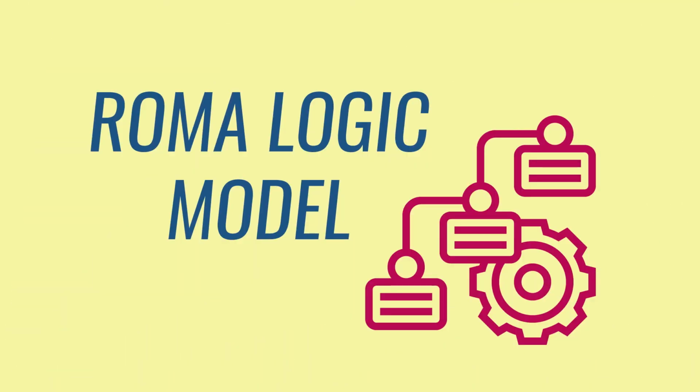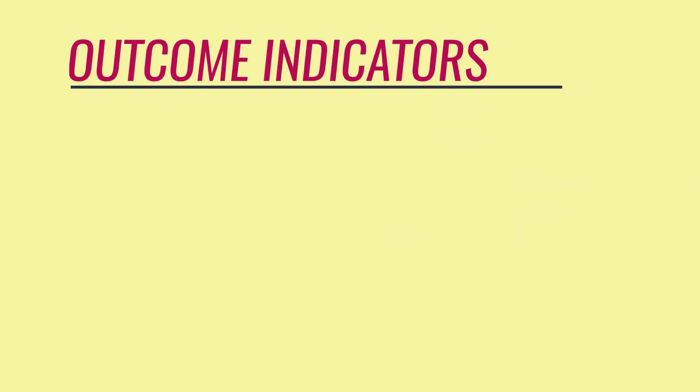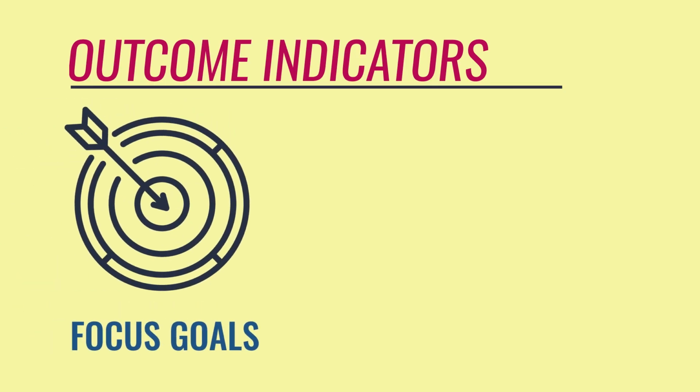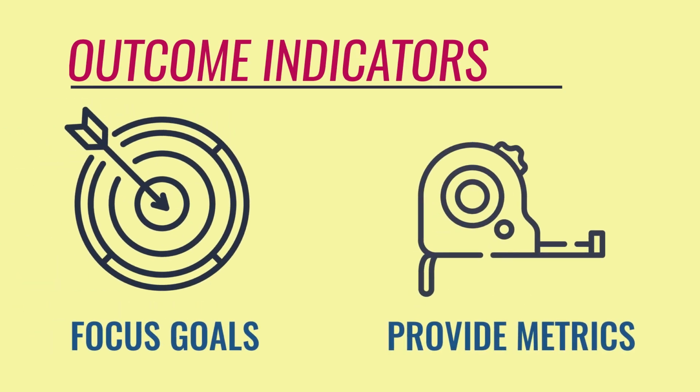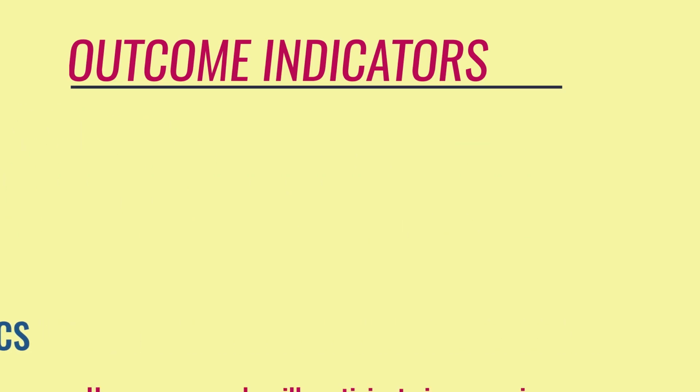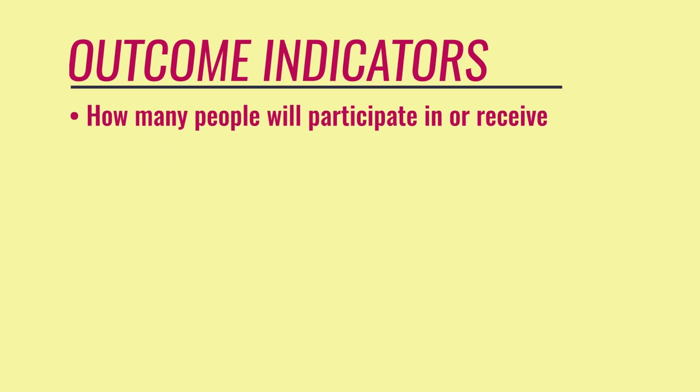Outcomes are also key in using the ROMA logic model. In step 4, you are identifying your outcome indicators. This means adding some specifics to your outcome statement. Outcome indicators not only further focus your goals, they also provide metrics to measure your success. To create outcome indicators, you first determine how many people will participate in or receive the service.